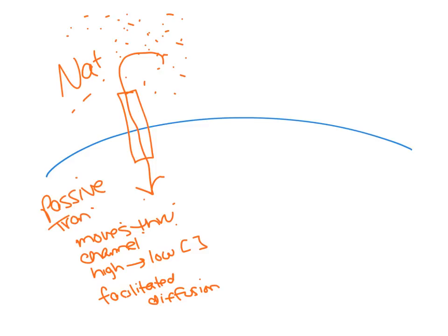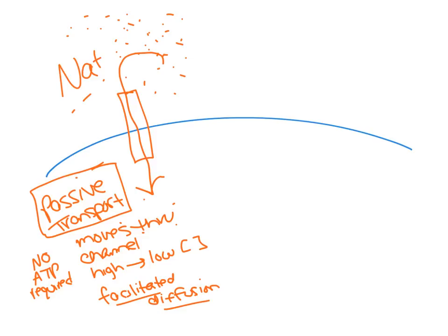And the reason it's passive is because it does not require energy, so no ATP required. So moving from high to low concentration, no ATP required, that is passive transport. And when we talk about a type of passive transport that requires a membrane protein, we call it facilitated diffusion. Another type of passive transport could be simple diffusion.